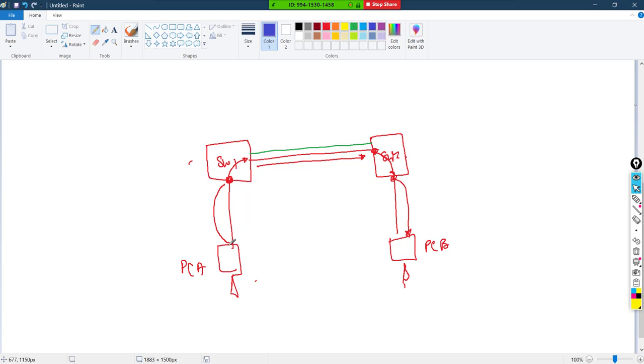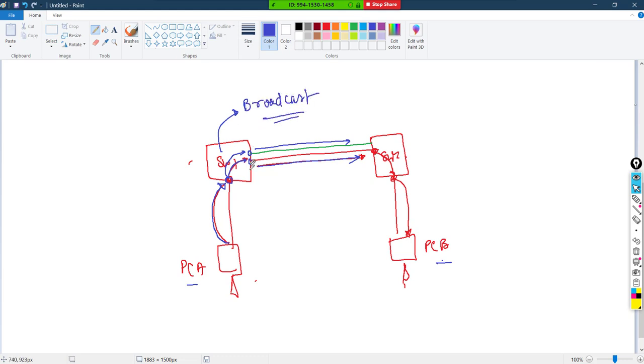Coming back to the same scenario, PC A is sending some file to PC B. The Ethernet frame will hit this switch port, and the switch will now see two active switch ports. Earlier it was only one. Both are transmitting the same data. This is the default behavior of a switch: broadcast.